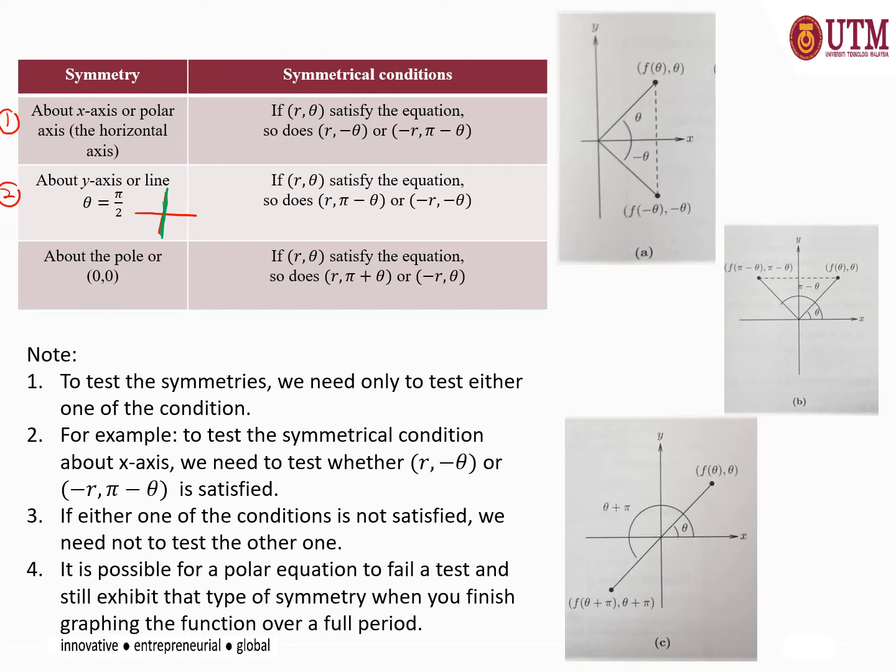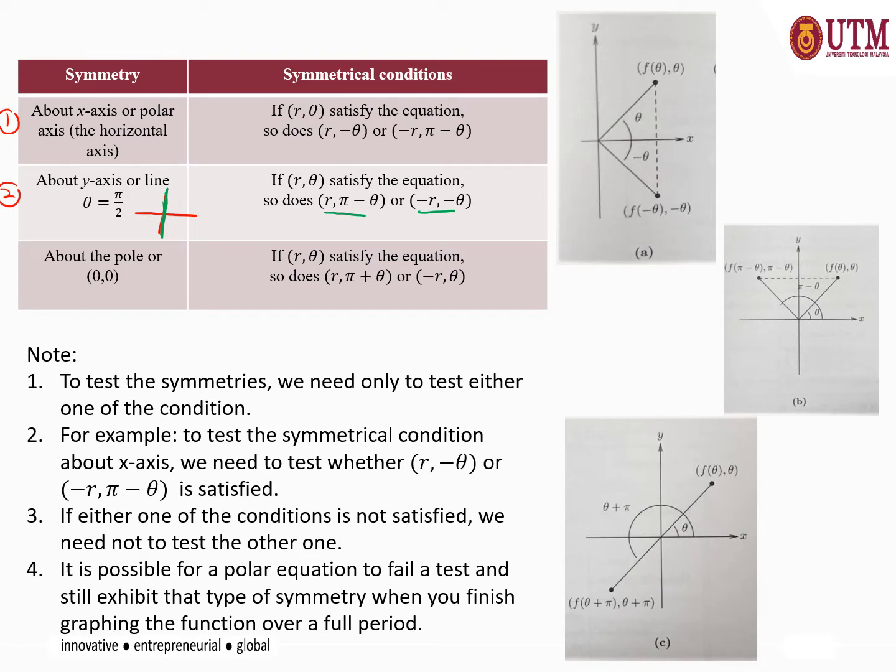If (r, theta) satisfies the equation, so does (r, pi minus theta) or (negative r, negative theta). These are the conditions used to check the symmetry about the y-axis, or line theta equals pi over 2.